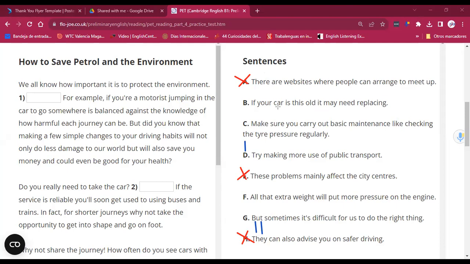Letter B. Dayanis, which one do you think corresponds? Letter B.